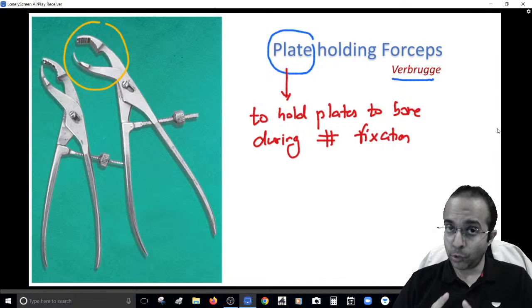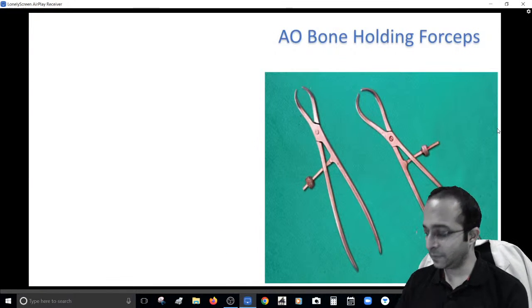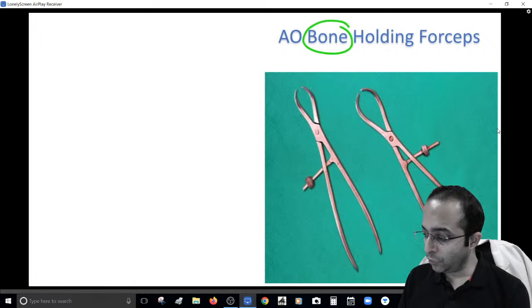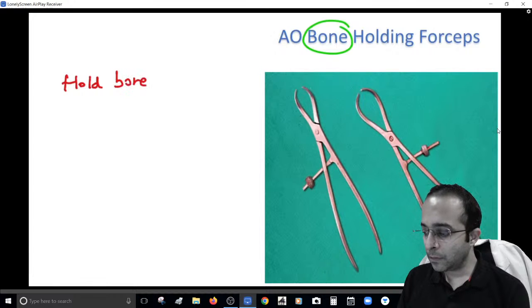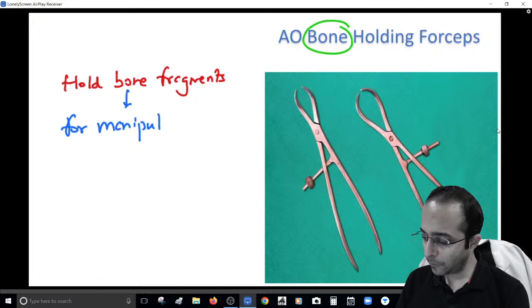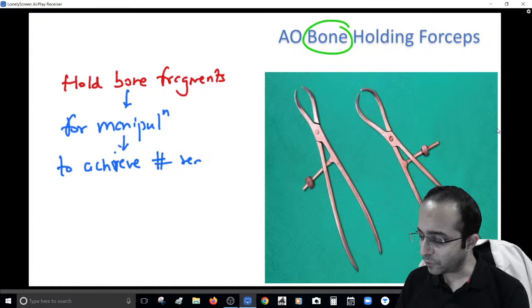Now these plate holding forceps have to be a little differentiated from these bone holding forceps. Now these bone holding forceps are used to hold bone fragments for manipulation to achieve fracture reduction.